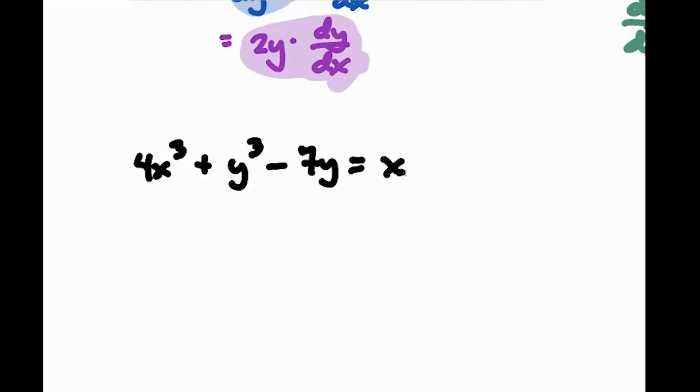Okay, here we go. Let's do, I'm just making stuff up, 4x to the third plus y cubed minus 7y equals x. And I'm going to say find dy over dx. Find the expression for dy over dx.